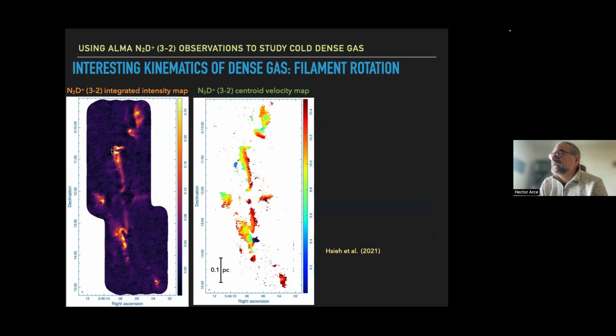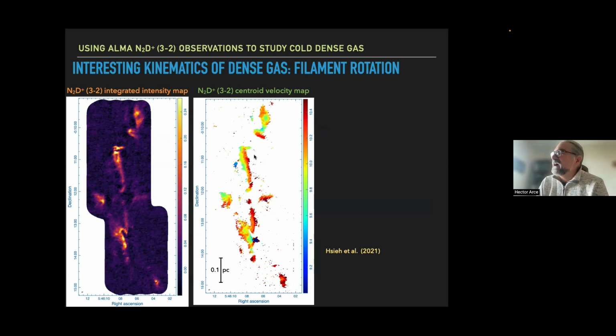And one interesting region here is this filament that we studied, which has a very peculiar velocity gradient. On the right is a velocity map, and to the left is the integrated intensity map of the region, just the total intensity emission from the N2D+.